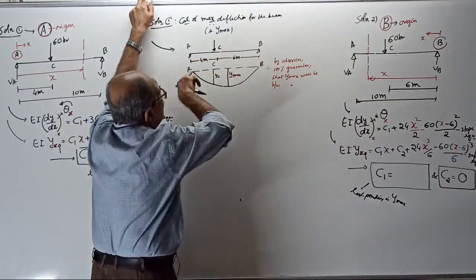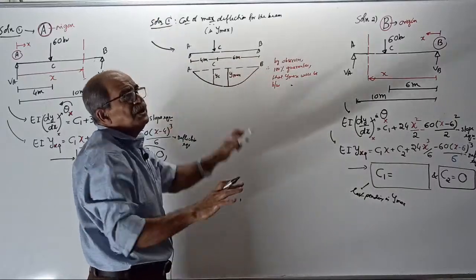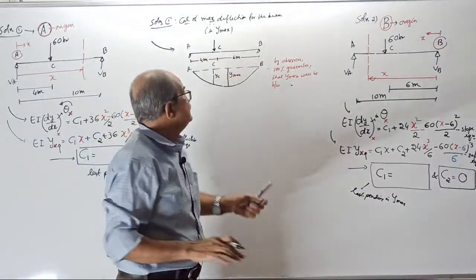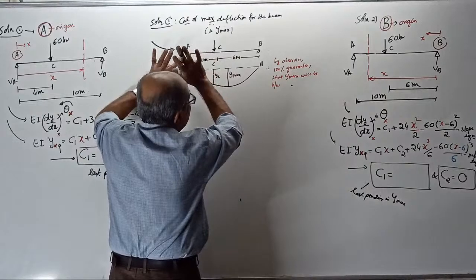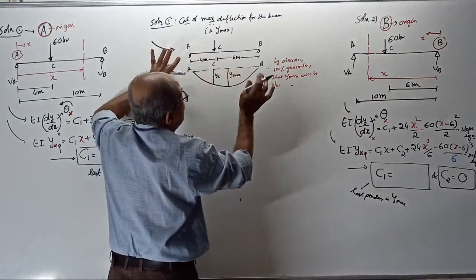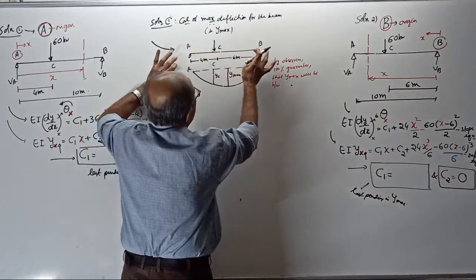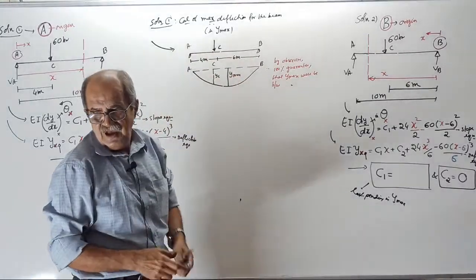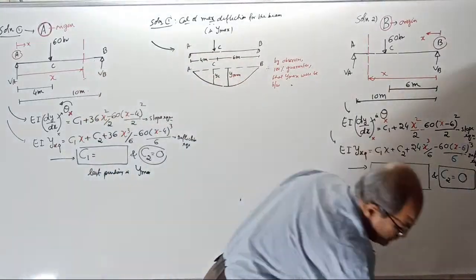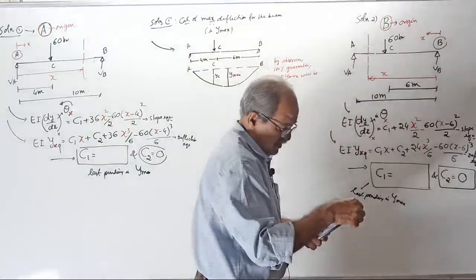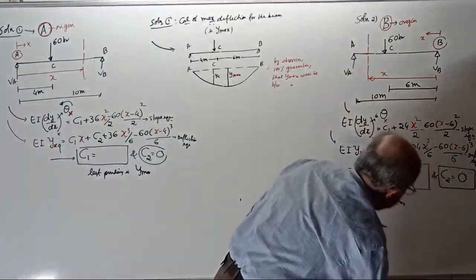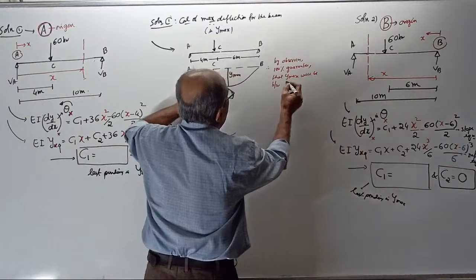Original and Macaulay's method are for later. Tell me, between A and C or B and C, first. 100%, Y max will be between B and C.